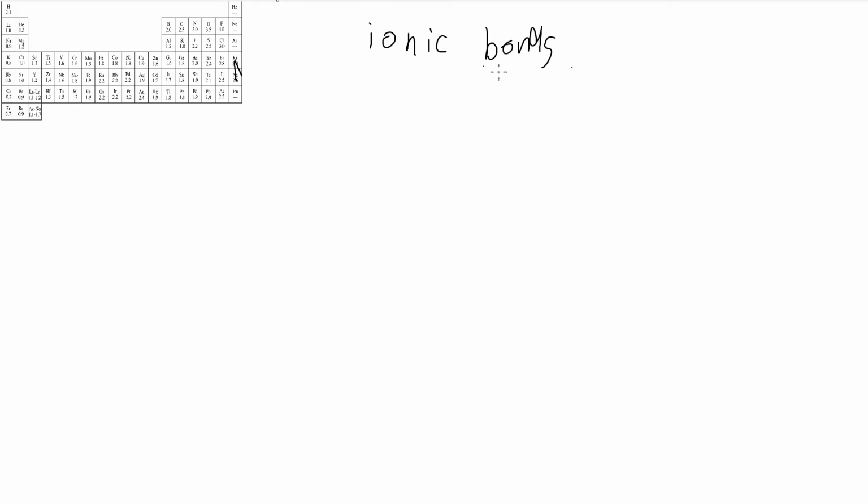So if you have, say, like MgCl2, right? You mainly probably won't see this in the AP exam, but the Mg2 plus, right? And it's going to be surrounded by minus and minus.